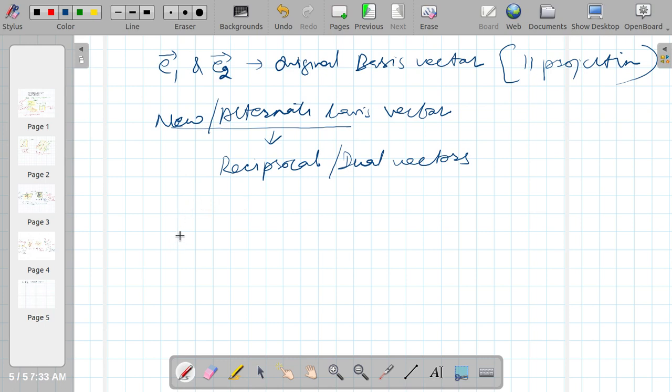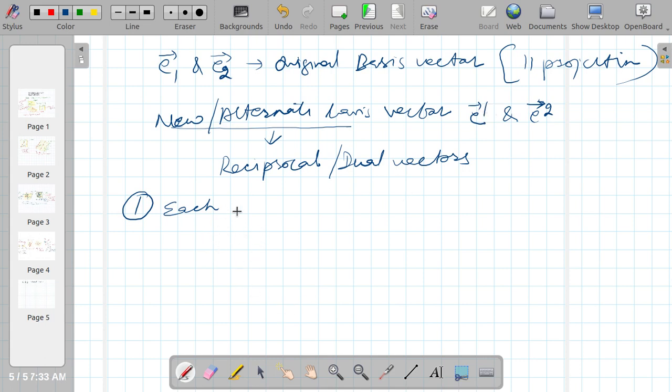They have certain characteristics. First, the alternate vectors are represented by E1 and E2 with 1 and 2 as superscripts, while in the original basis vectors they sit as subscripts.